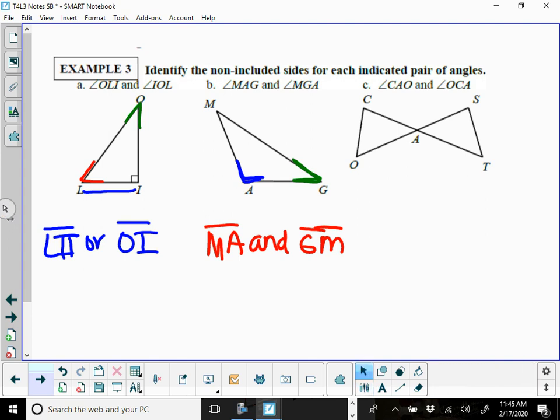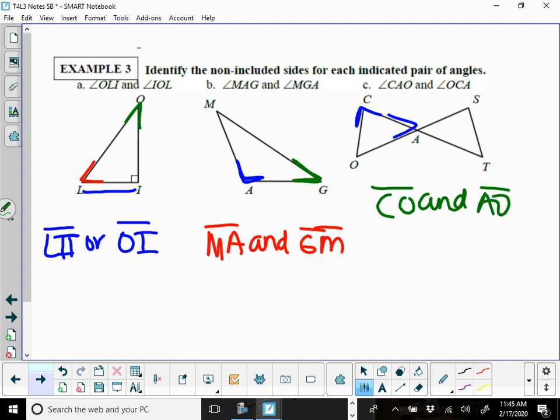Okay, angle CAO, so that's right here, and angle OCA, and that's here. So non-included would be CO and AO. It's just the ones that do not touch both angles. They only touch one angle or the other.